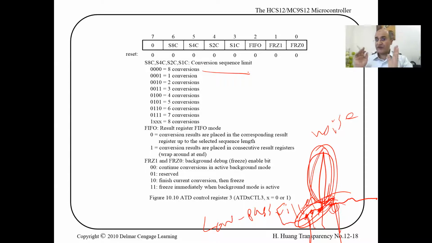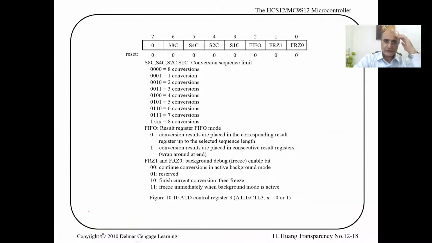And it will store 8 results in 8 result registers, and you can go collect them, average them, and use the average to get better accuracy in case of noise or something. So this is a case if you want to do a low pass filter, you can choose to read multiple times.